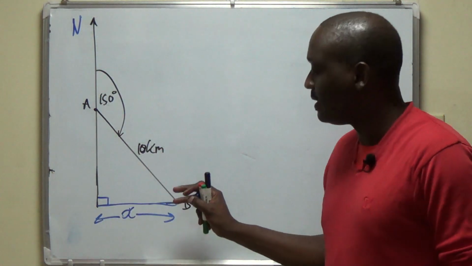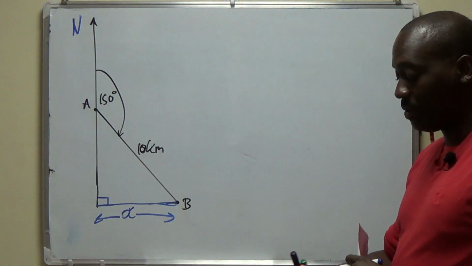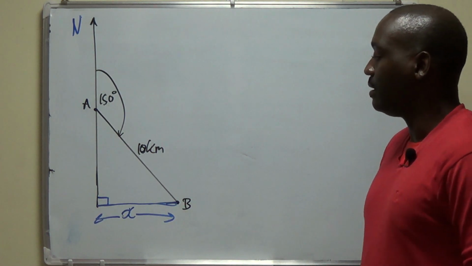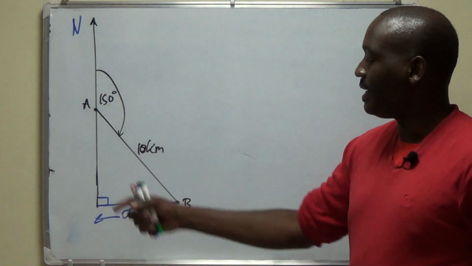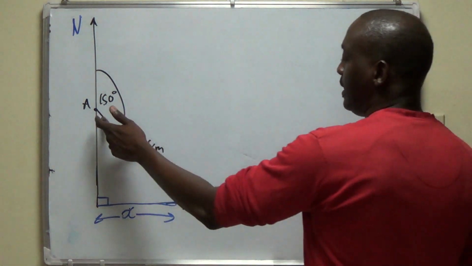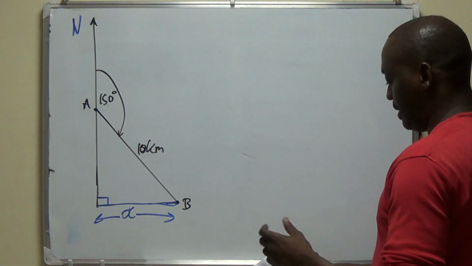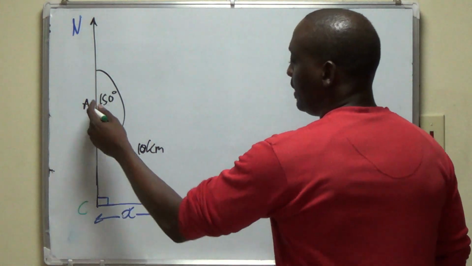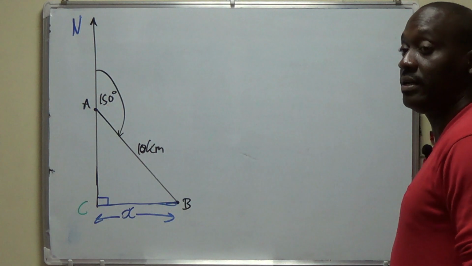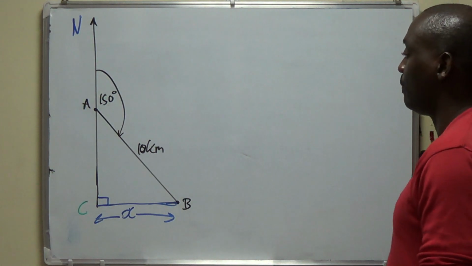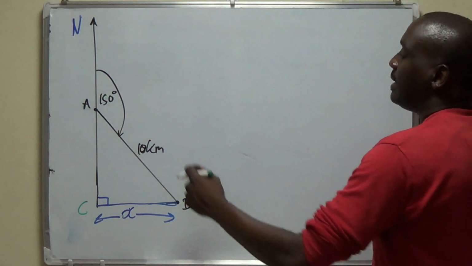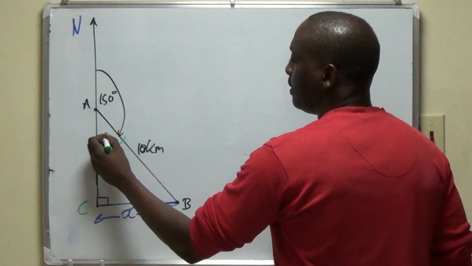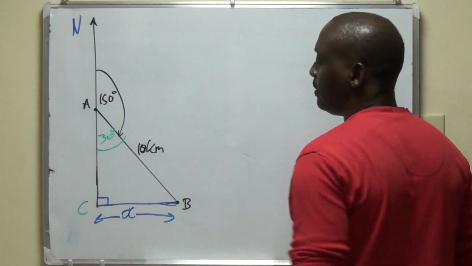And once we have that as a right angle, everything now comes into focus, because that gives us a right angle triangle between A, B, and let us label a point here, let me call it C. Alright? So A, B, and C is now a right angle triangle, which is, boom, we could work now. So given the fact that this bearing is 150 degrees, it means that this angle here would be our good friend 30 degrees.